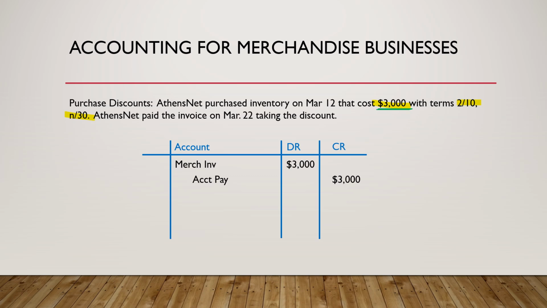When we pay off the amount owed on the 22nd, we'll debit accounts payable for the $3,000 credited into that account and credit cash for $2,940. The $3,000 gross amount times 98%. Again, that 98% is 100% less the 2% discount.